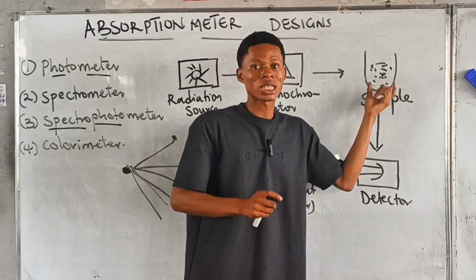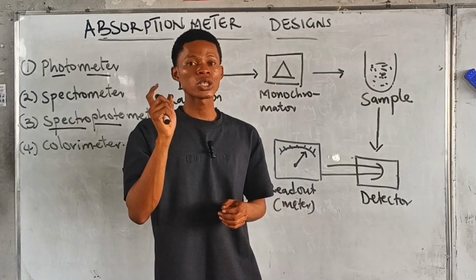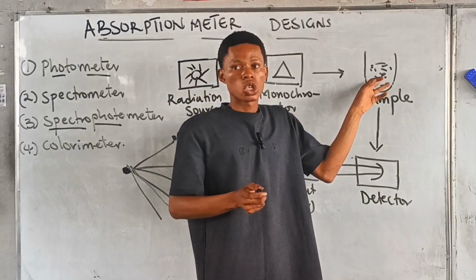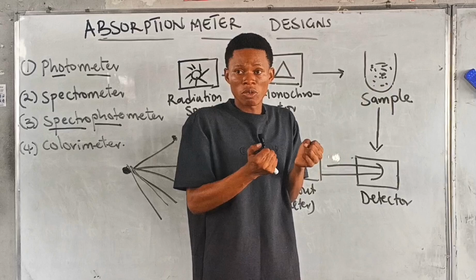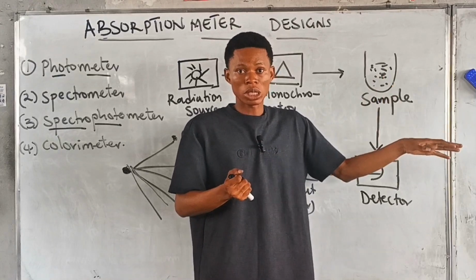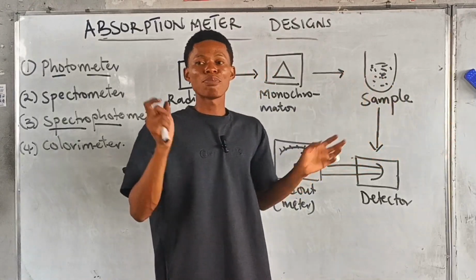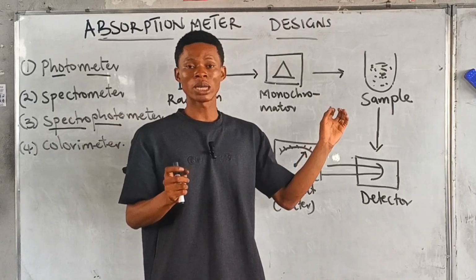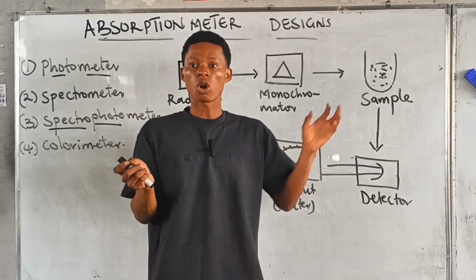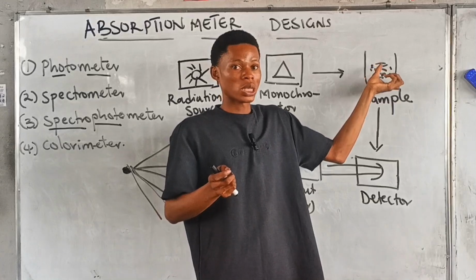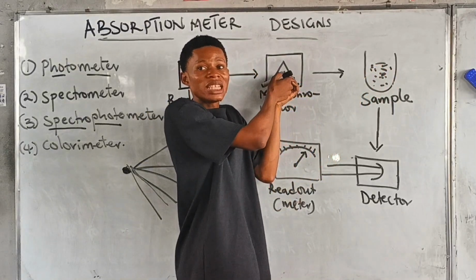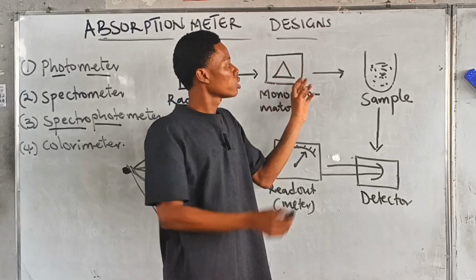As the light passes through the sample, based on Lambert's law, as the incident light hits the sample, the sample will absorb some of the light, while some will be transmitted, is it not? And Lambert's law states that the amount of light absorbance is directly proportional to the concentration and the thickness, or the path length, and is independent of the intensity of the light.